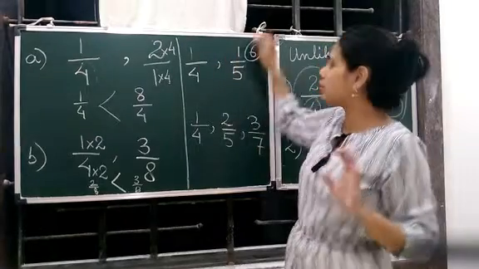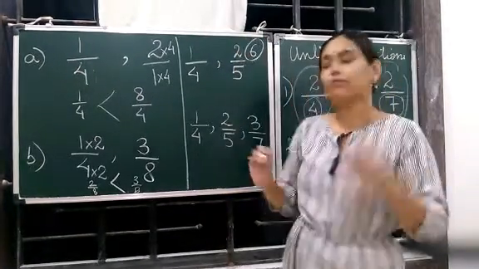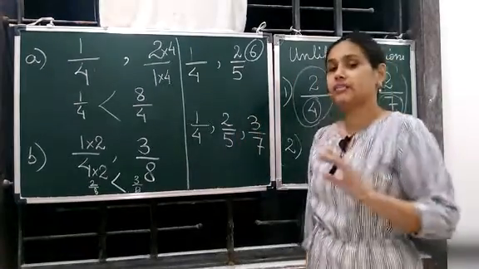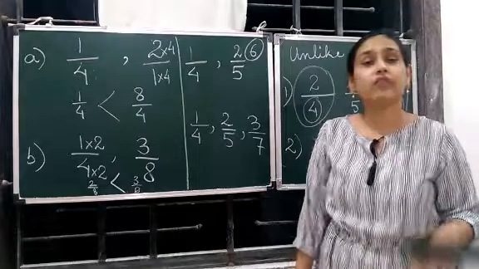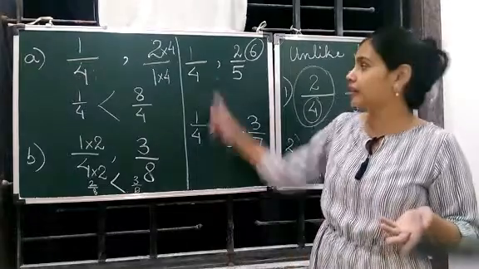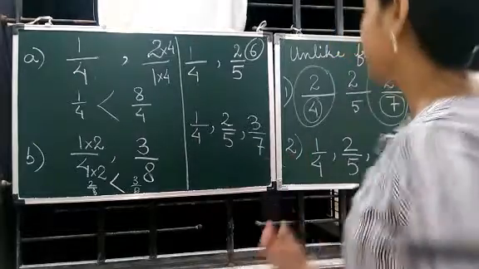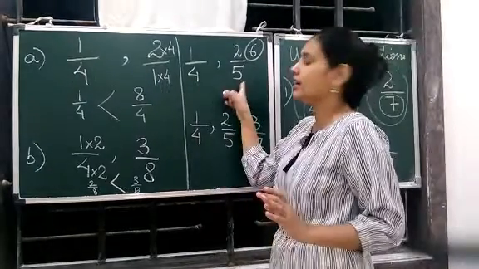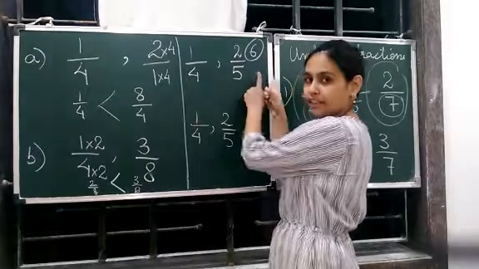Now here nothing is common between 4 and 5. Here the numerators are common, but suppose the numerator is also not common. We would use the rule that the numerator is the same so we compare the denominators. But if there is a plus sign, then you will have to solve, you will have to make the denominators the same. Okay. So now when nothing is common, very simple. This 5 gets multiplied here and this 4 gets multiplied here.